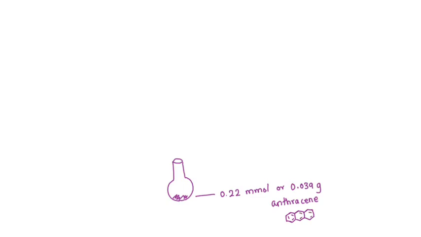And 0.2 millimole of maleic anhydride, which is roughly equal to 0.019 grams. It's a very tiny amount.